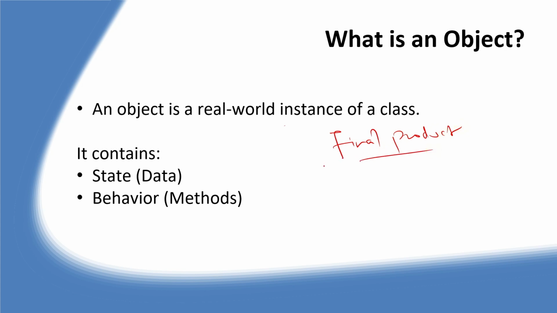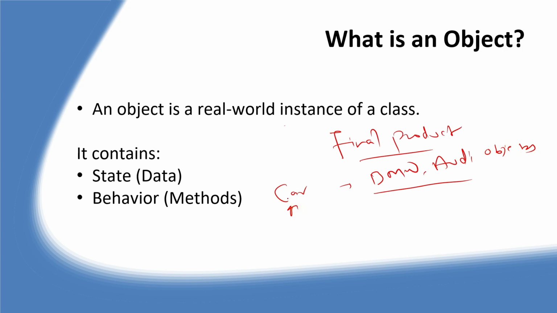For example, if car is a class, then what will be the final product? It can be BMW, Audi, whatever. So these are final products, these are objects, and this is the blueprint.